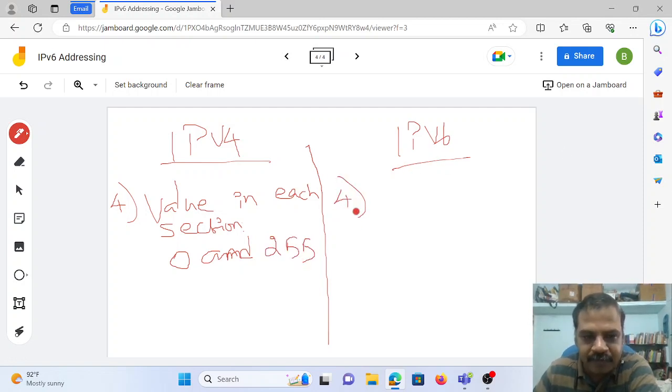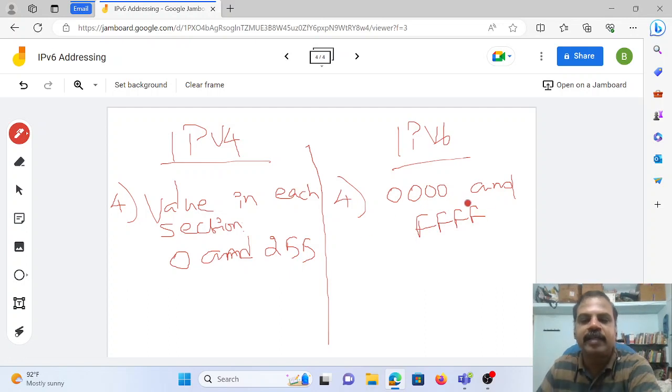Whereas in IPv6, each section can be any value in the range 0000 to FFFF. In IPv4, the maximum it can be is 255.